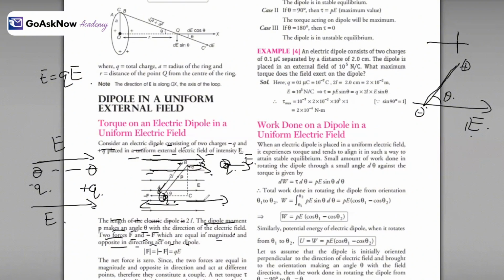But if you have a minus Q charge, it will experience an electric force in the opposite direction. So here F is equal to QE, in the opposite direction.